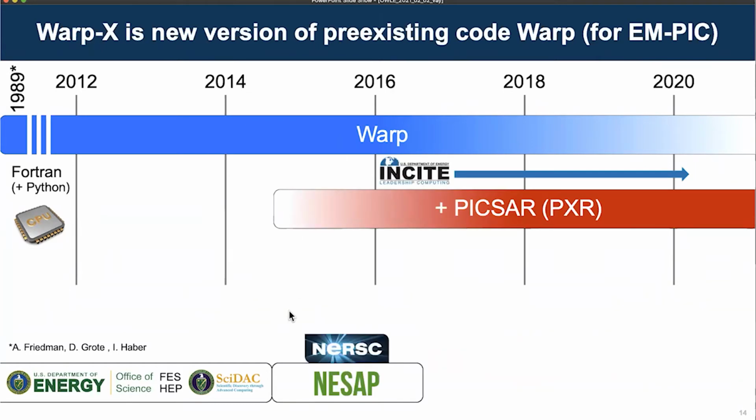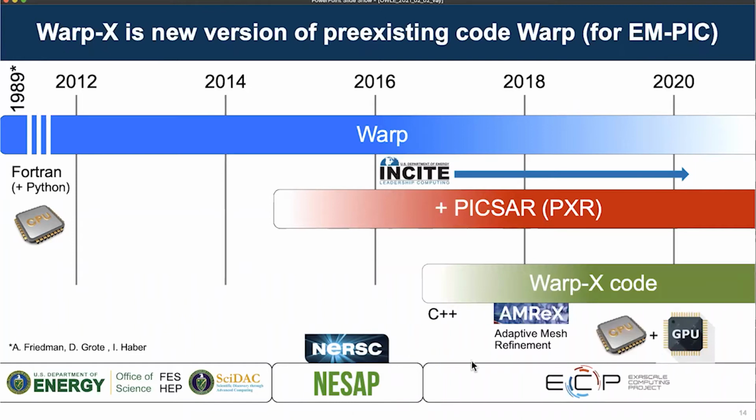Around 2013 or so, as part of the pre-Exascale programs at NERSC, the NESAP program at Berkeley Lab, we started optimizing some of the Warp routines that we externalized into a library that we call PICSAR, and that gives a boost for the simulation of plasma acceleration with Warp plus PICSAR.